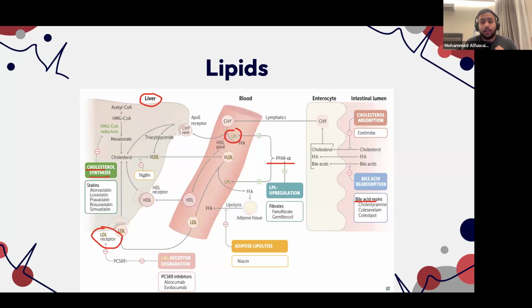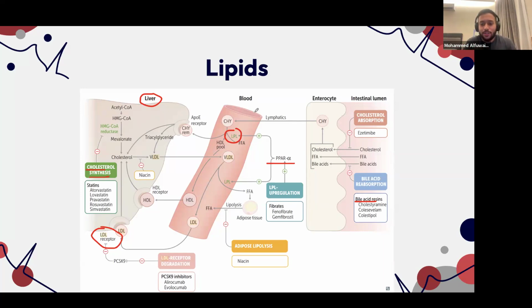The liver will sense that the bile is low, so it will cause more cholesterol synthesis, and more cholesterol is used up by the liver. If the liver is using up more cholesterol to synthesize more bile acids, then systemically, cholesterol will go down. This is the mechanism of bile acid resins.